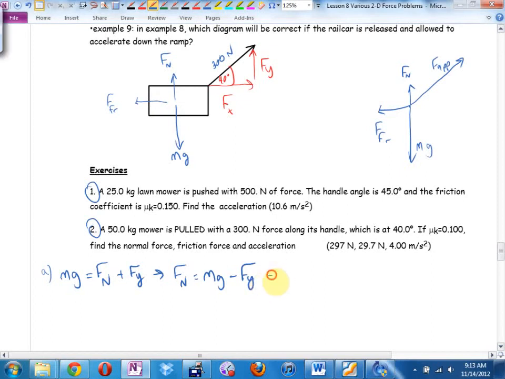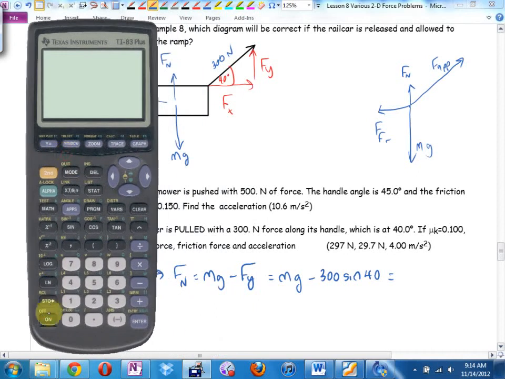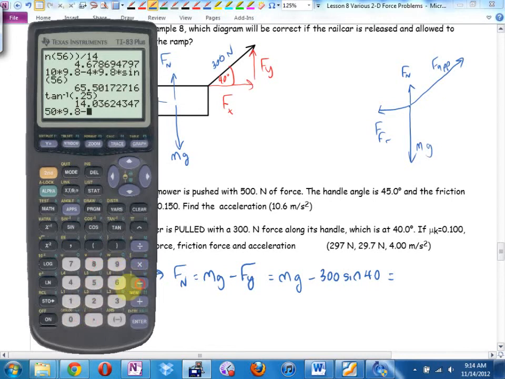It's going to be mg minus the applied force, 300 sine 40. Let's see what I get here. Mg, m, 50, covering it up. 50 times 9.8 minus 300 sine 40. 297.1637, 297.